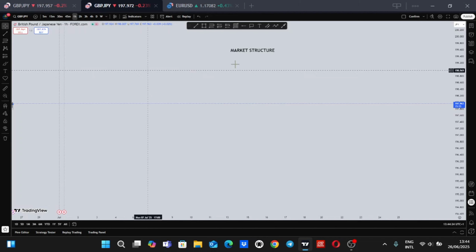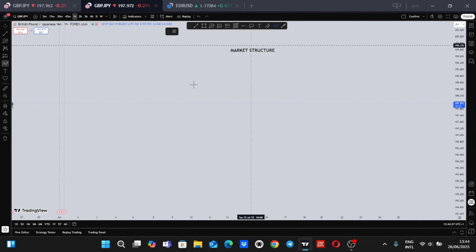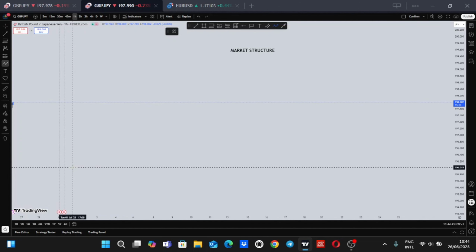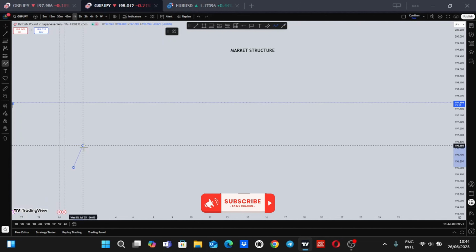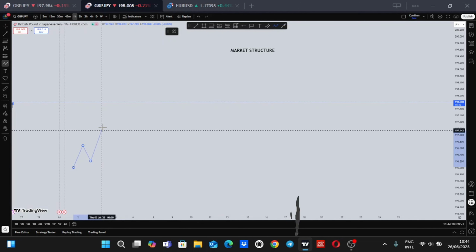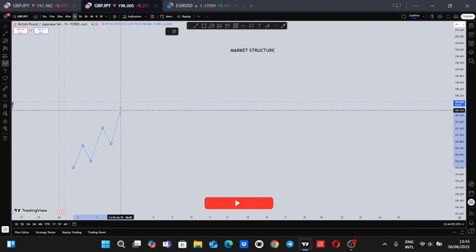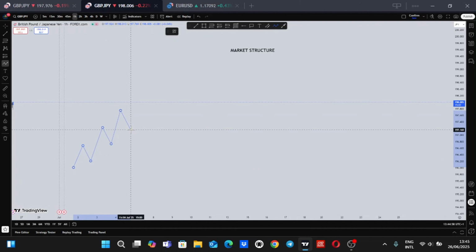Market structure is basically you reading the structure of the market to tell you whether the current trend is bullish or bearish or ranging, because those are the 3 major market structures we have. To determine whether the market is in a bullish trend, you want to see price creating higher highs and higher lows, just like this: higher low, higher high, higher low, and higher high.